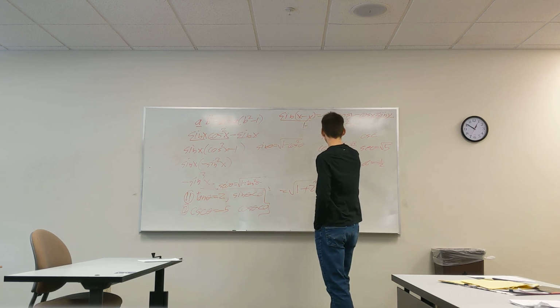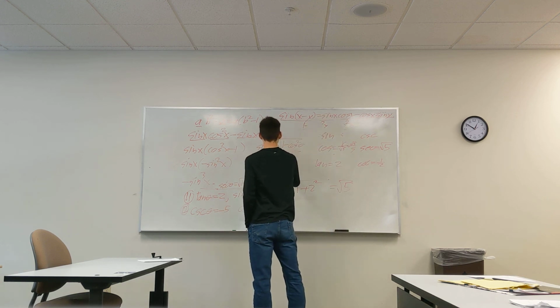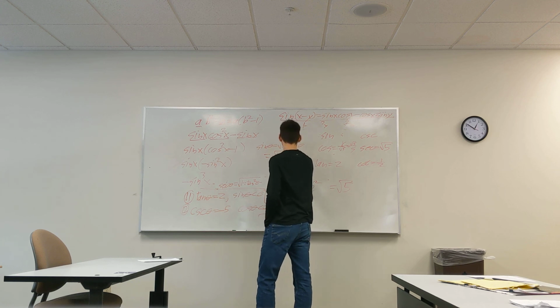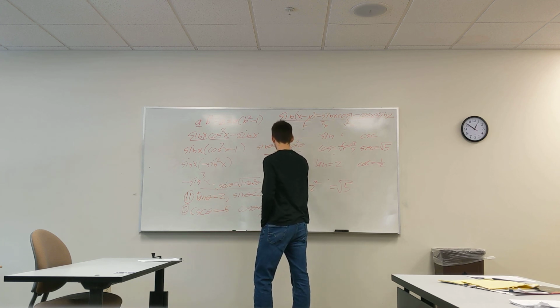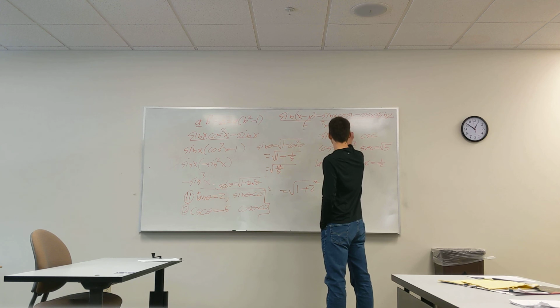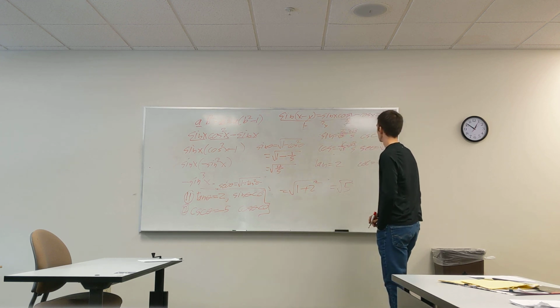And so cosine is radical 5 over 5. So that's going to be the square root of 1 minus root 5 over 5 squared, which is 5 over 25, 1 over 5, right? Equals the square root of 4 over 5. So sine is going to be 2 over radical 5, which is 2 radical 5 over 5. And cosecant is going to be radical 5 over 2.